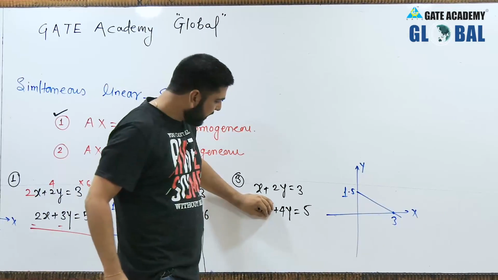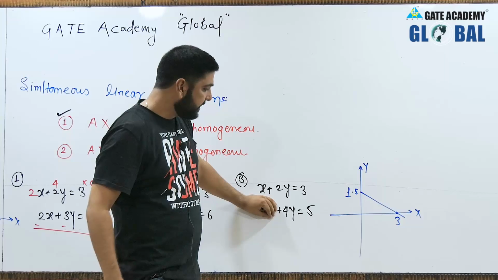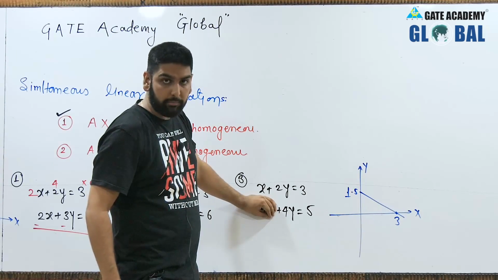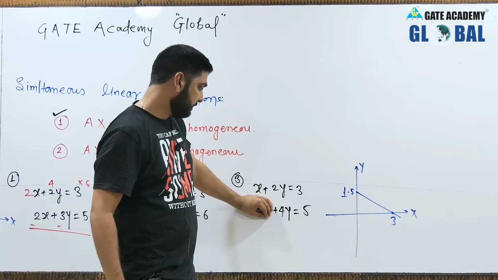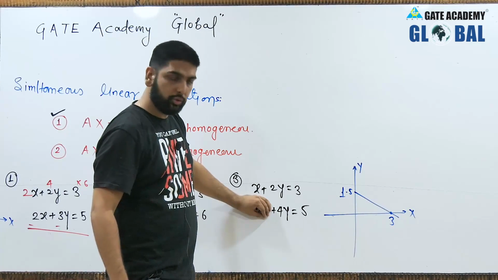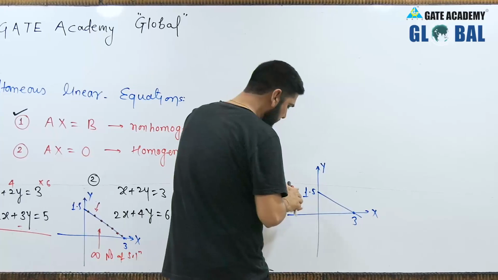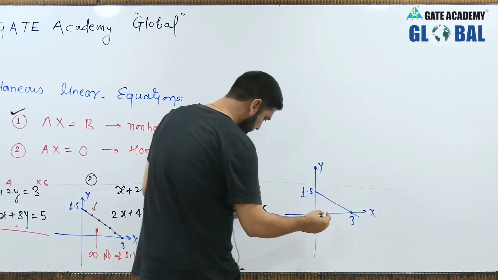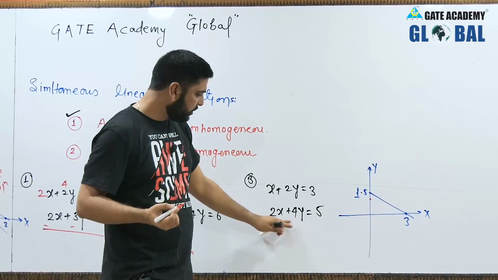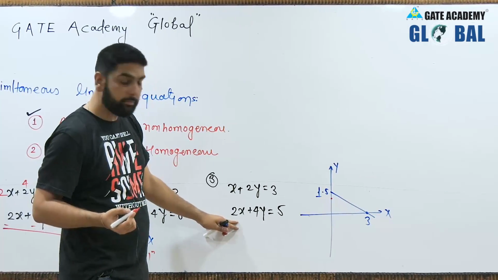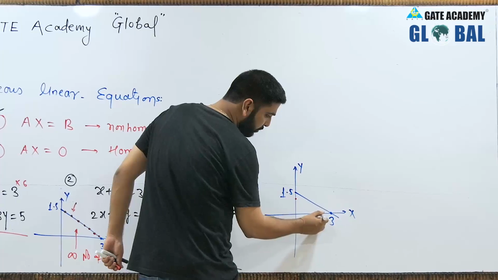If 2x is equal to 0, then y is equal to 5 by 4, that means about 1.2 something, and this is the value of y. And if y is equal to 0, then x is equal to 5 by 2, that means 2.5.